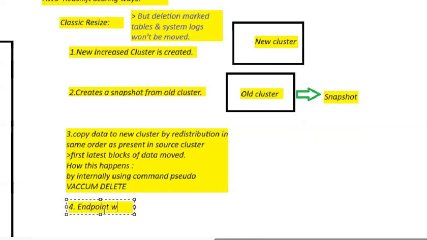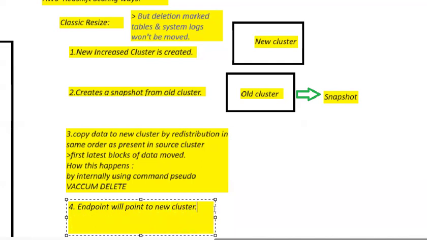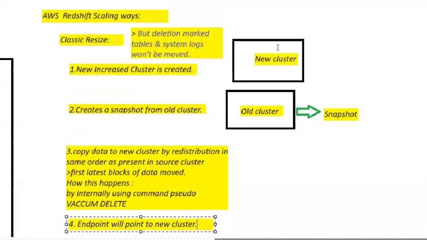After your whole cluster is created, your endpoint will point to the new cluster. From then, the users who want to read or write can do so from the new cluster. Only after this endpoint creation can they read and write.